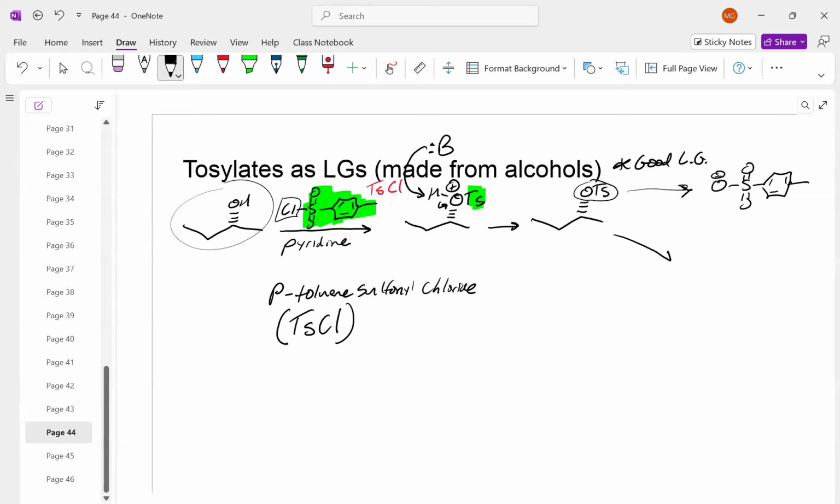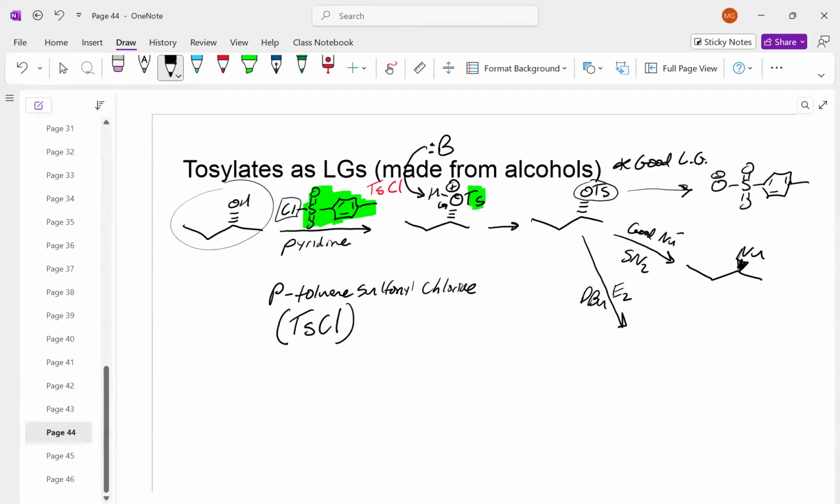And so if we react this with a good nucleophile to go through an SN2, we'll get that as a result. Or what if we wanted to do an elimination? So, for example, E2 by using a bulky base. Let's just put DBU here.